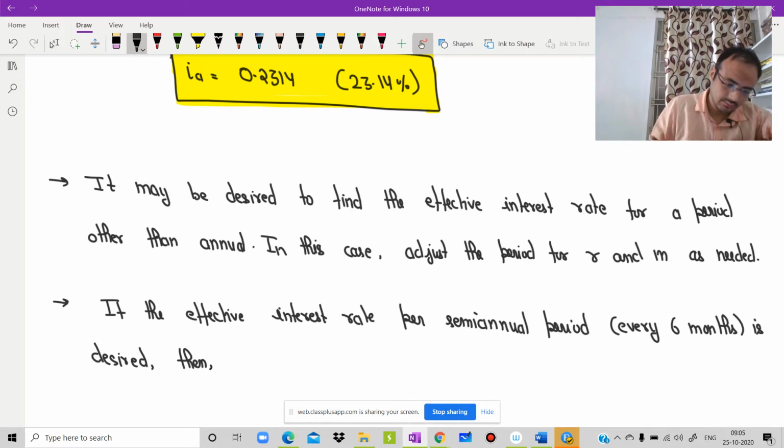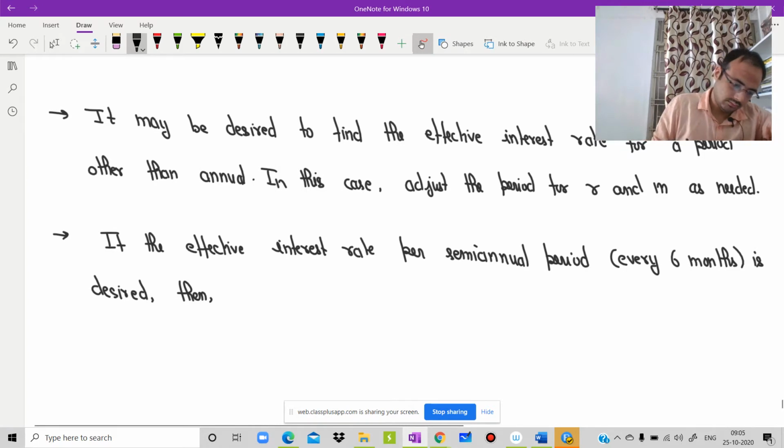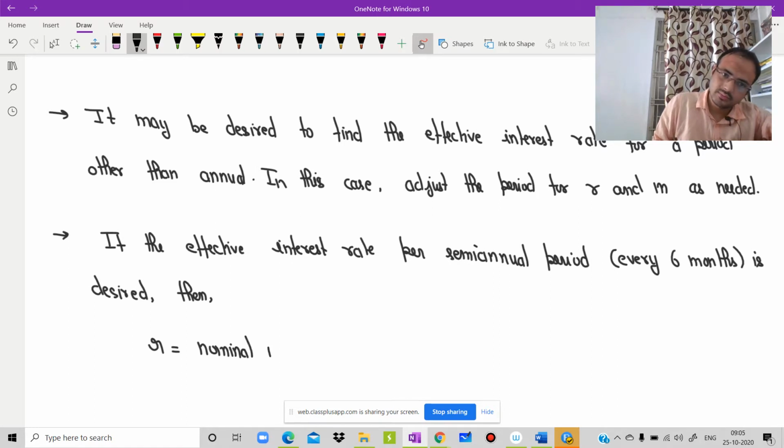Then R is the nominal interest rate per 6 months.